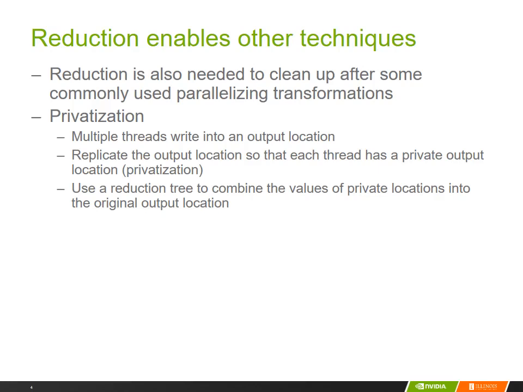And when they write into that location, they will conflict with each other and serialize each other's execution. So we're going to replace the output location so that each thread has a private output location, and this is the privatization idea. Once we complete the execution of these threads, we use a reduction tree to combine the values of the private locations into the original output location.